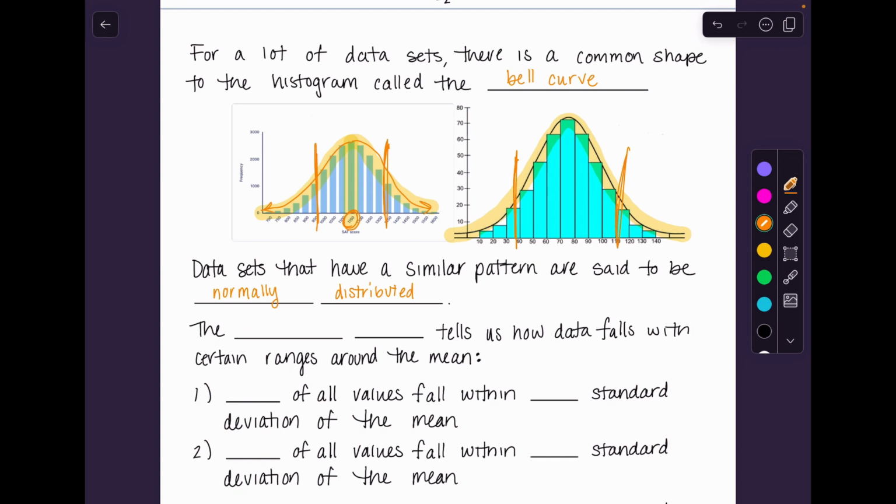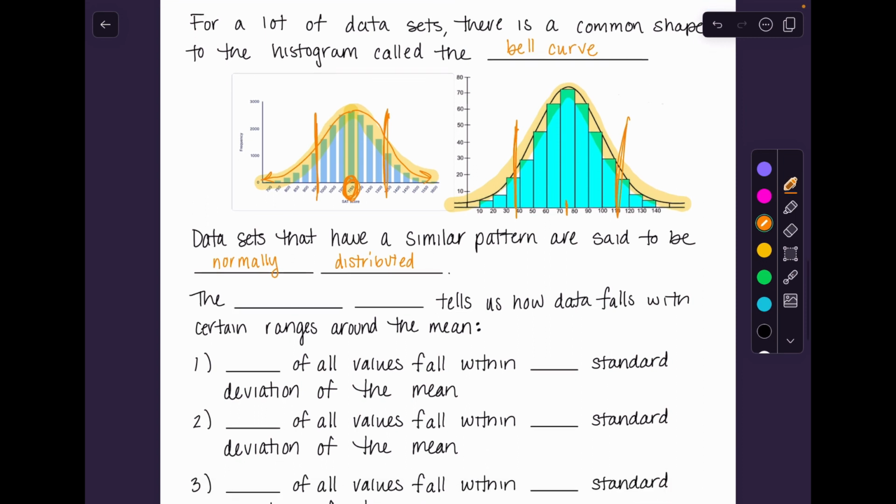The really nice thing about these normal distributions is that this point right in the middle is actually going to be your mean. The mean is going to be the center because that is your best representation for that population. And then the standard deviation is actually going to tell you a lot of information about where your data falls. This is what we call the empirical rule.